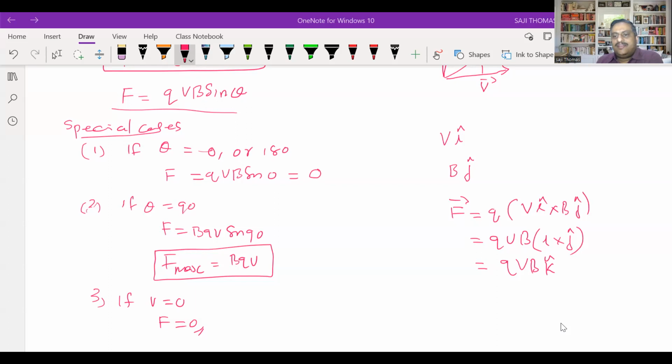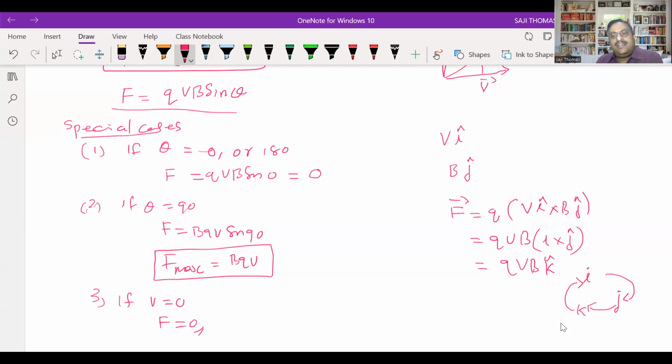Okay. You can remember this trick, i j k. i cross j will be k. See the rotation. j cross k will be i. k cross i will be j.